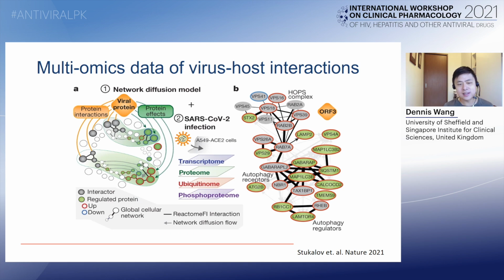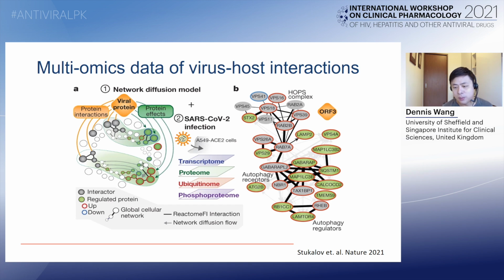So more recently, this kind of approach has been taken with COVID research, in terms of studying the virus-host interactions between the SARS-CoV-2 virus and the lung cells modeled by the A549 lung cancer cell.